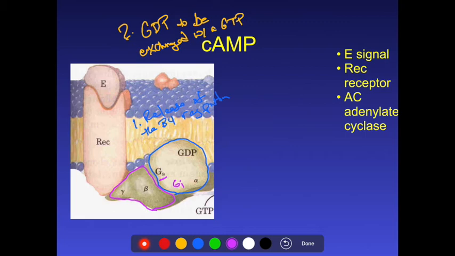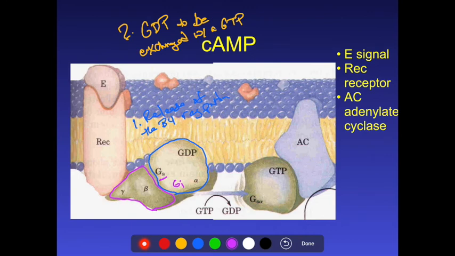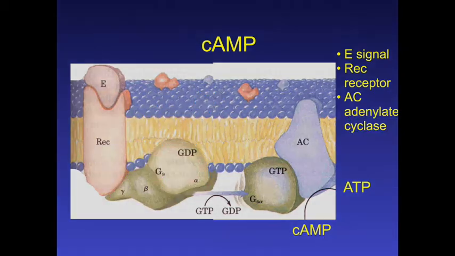Once the GTP is bound into the alpha subunit and it releases the beta gamma, it floats by itself and binds to an enzyme that we're abbreviating AC, but that is adenylate cyclase, which then takes lots and lots of ATP and converts it into lots and lots of cyclic AMP. So the concentration, normally cyclic AMP is low, and it will then bring it to a very high concentration inside the cell.